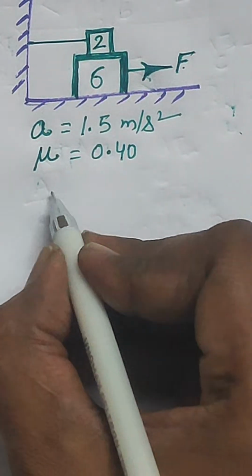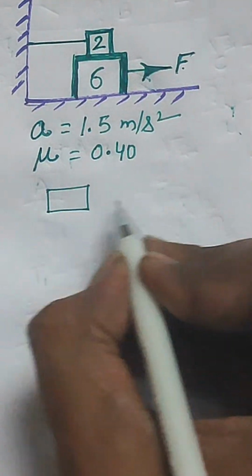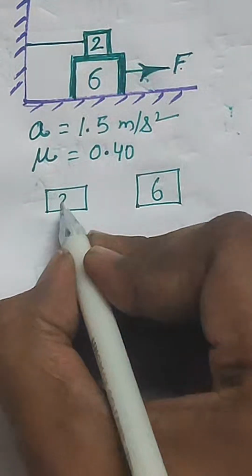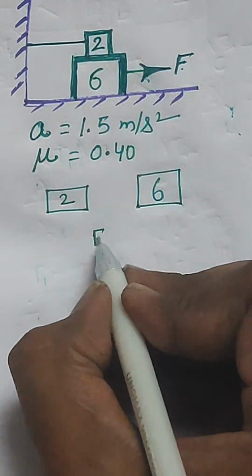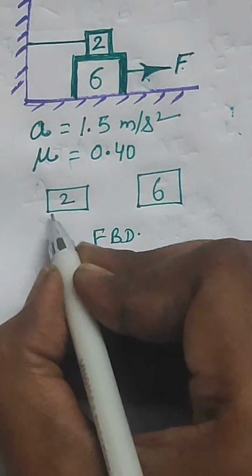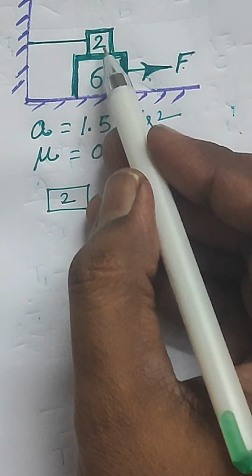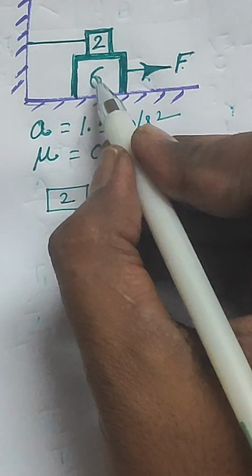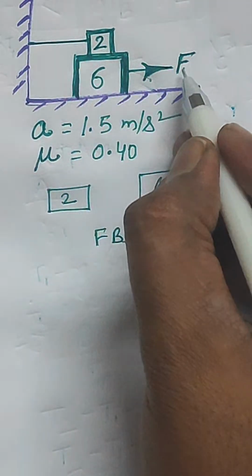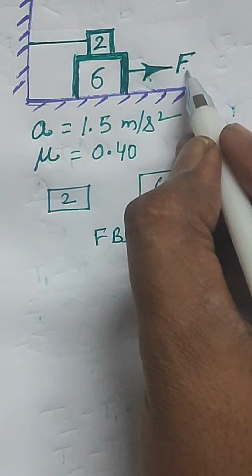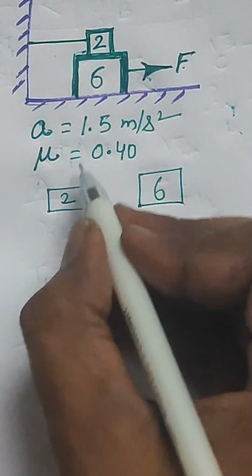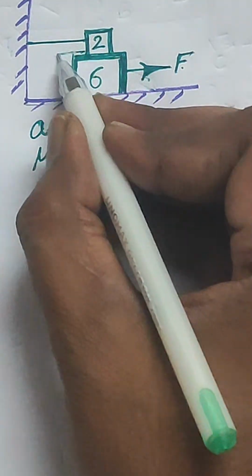So when you draw the free body diagram of the 2 kg and the 6 kg blocks, then for the 2 kg block, when this force is applied and the 6 kg block is pulled, a frictional force will be applied on it, just opposite to it.